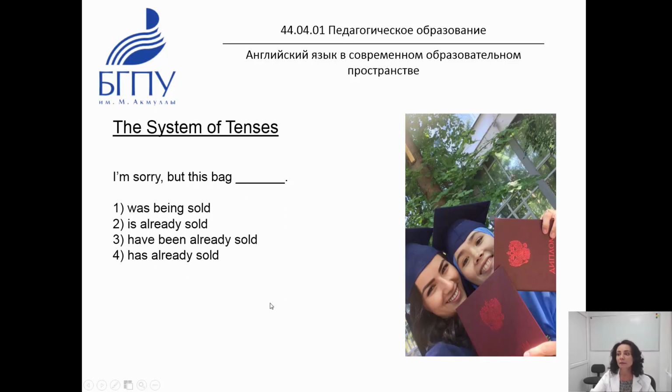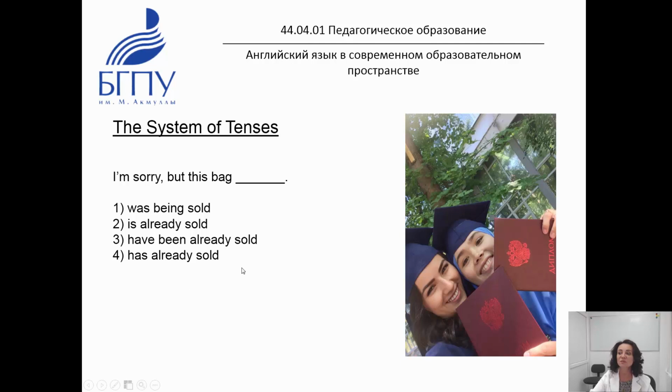Let us consider another example. I'm sorry, but this bag, and then comes the continuation of the sentence. Let us consider the options. Number one, was being sold, corresponds to past continuous tense in the passive voice. Number two corresponds to passive voice but already in the present simple tense. Number three corresponds to the perfect tense in the passive.